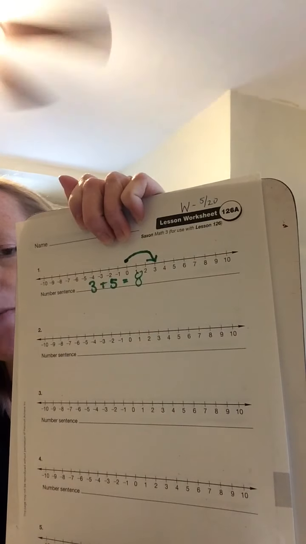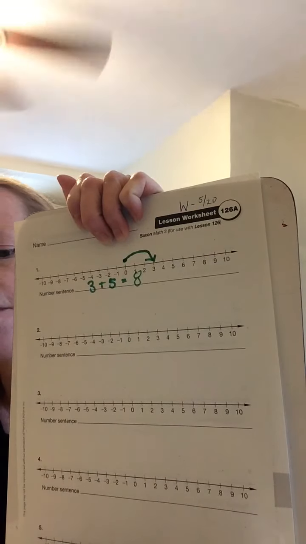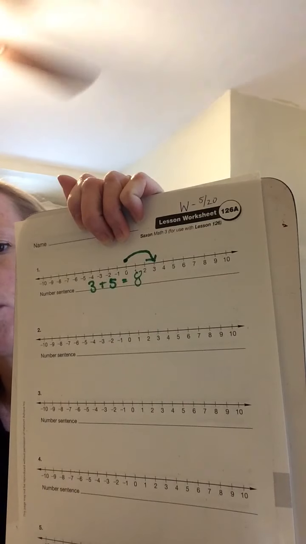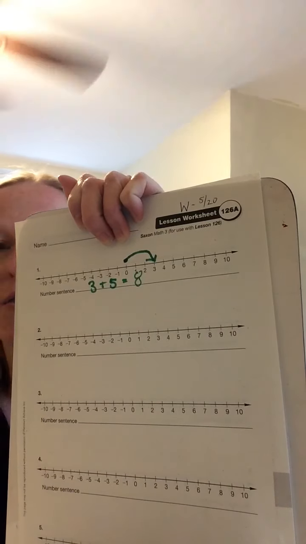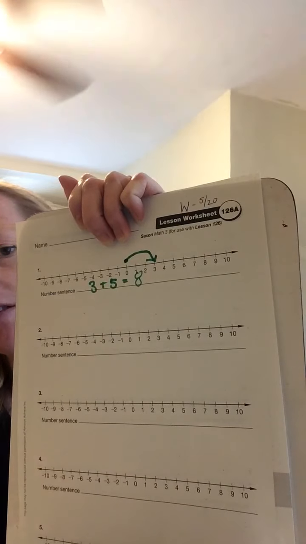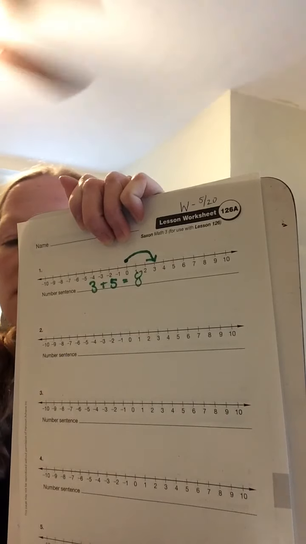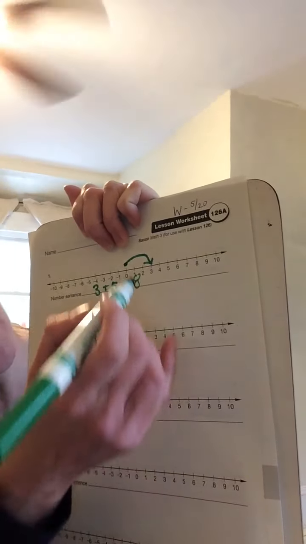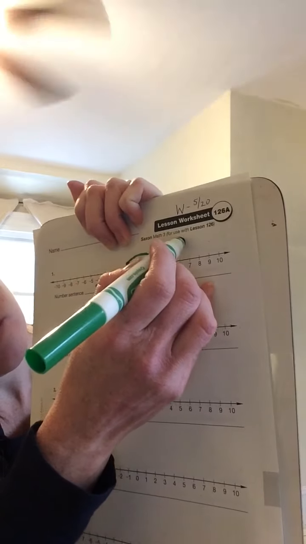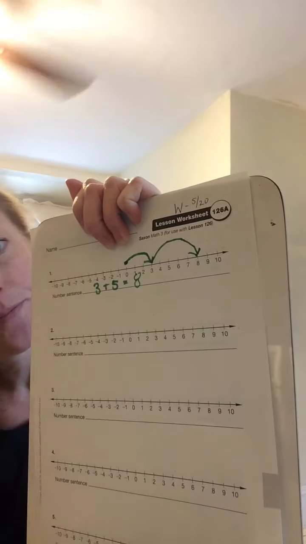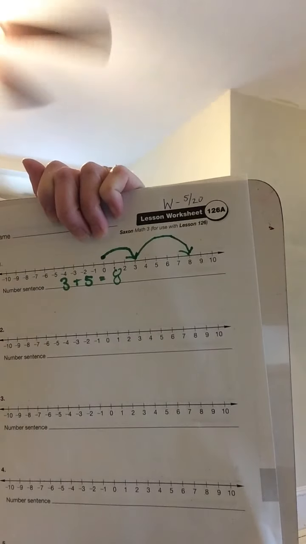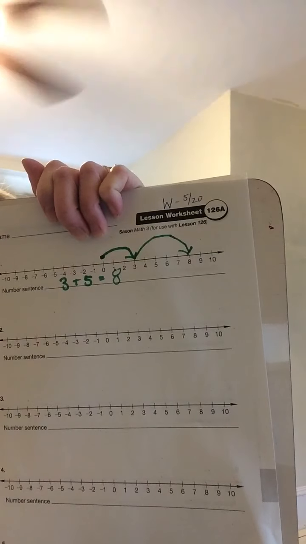And how much am I adding to it? I'm adding 5. So I'm going to count up 5 on the number line. And my answer will be 8. So my final arrow is going to point at the number 8 because that is the sum of 3 plus 5. So that is how you would show this on a number line.